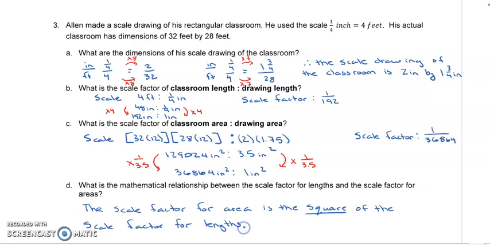And that should sound really familiar from when we were first going through 6.1 and we were talking about the relationship between the change in dimensions and the change in area.